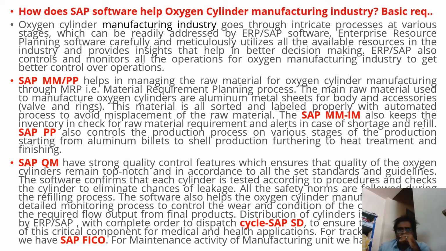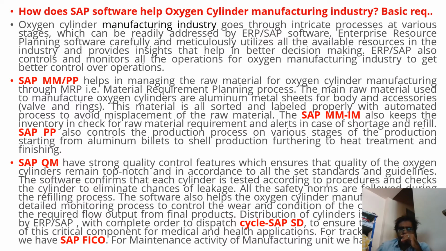Valves are to control the pressure and regulate the airflow, and rings we have. These materials are all sorted and labeled properly with an automated process to avoid misplacement of raw material. SAP MM-IM also keeps the inventory in check for the raw material requirements and alerts in case of shortage and refill.